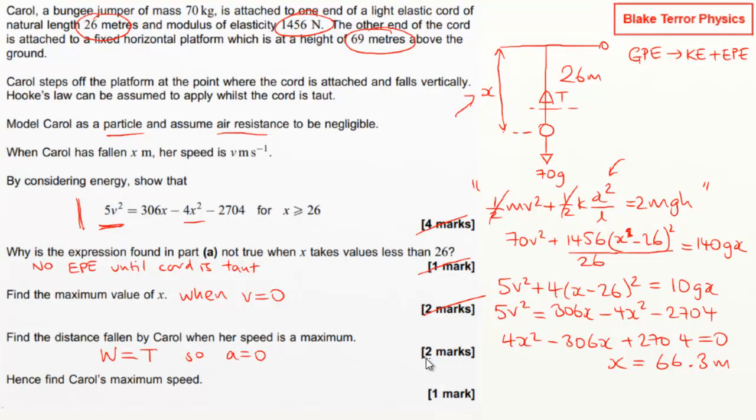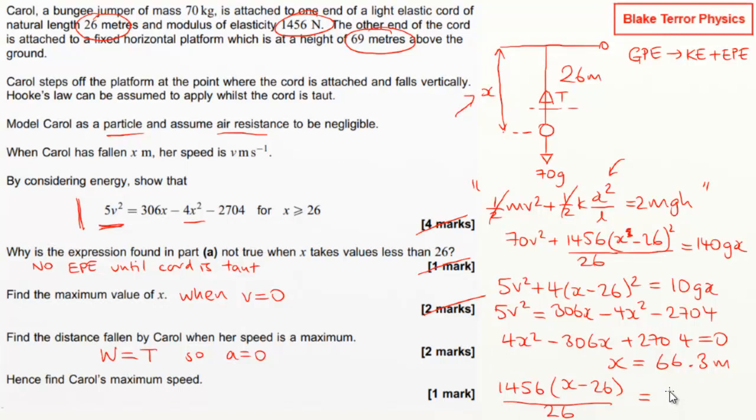So we need to have our tension, which is 1456 multiplied by the extension, which is x minus 26, over the natural length, which is 26. That's just using Hooke's law: extension over natural length multiplied by the modulus of elasticity.